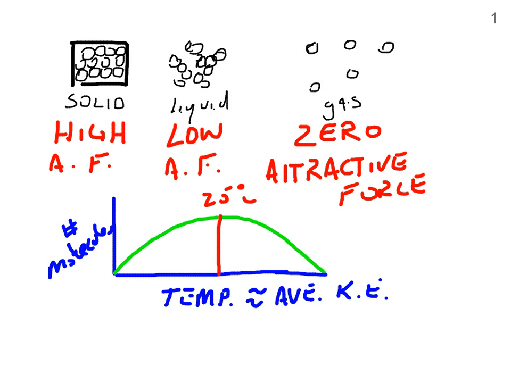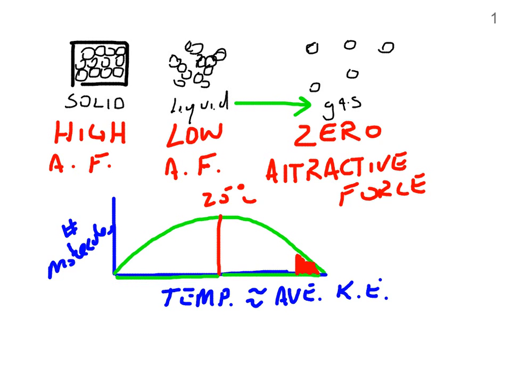So that means that there are going to be some molecules that are moving faster than the average over here, and some moving slower, but on average, they're all going to be about 25 degrees Celsius. Well, with liquids, since there is this random motion, since collisions are elastic and they can be bumped together, every now and then a few molecules might just happen to get enough kinetic energy to overcome the attractive forces that are holding them in a liquid and turn them into gas.